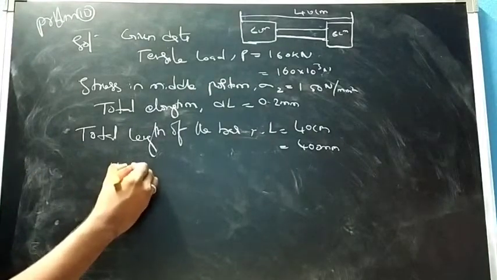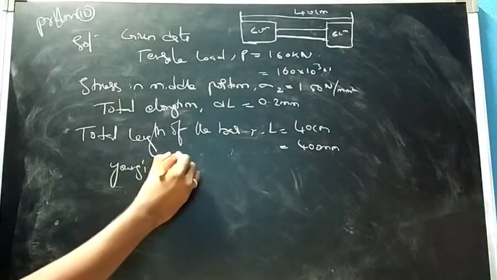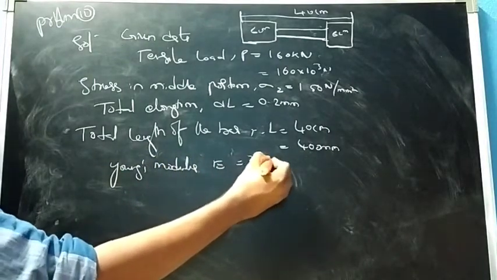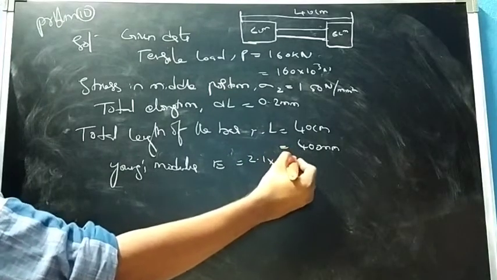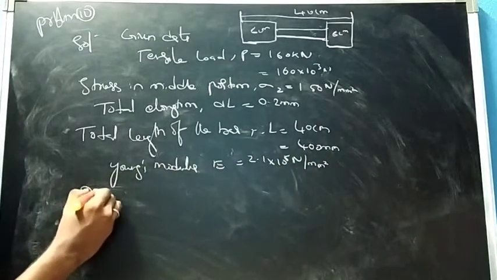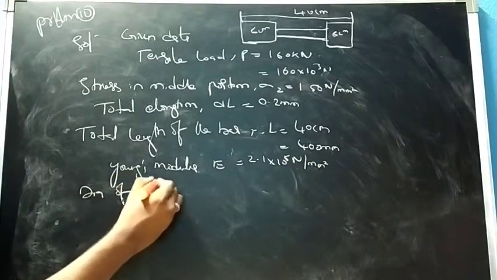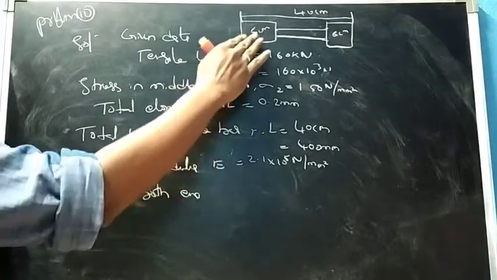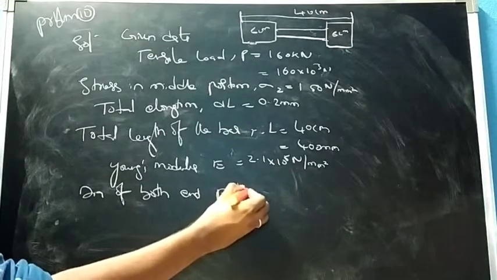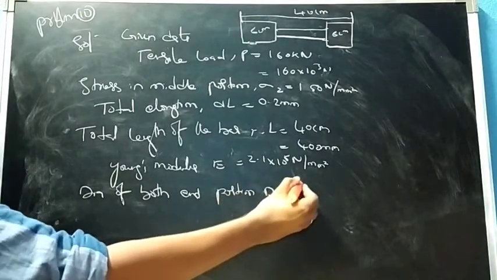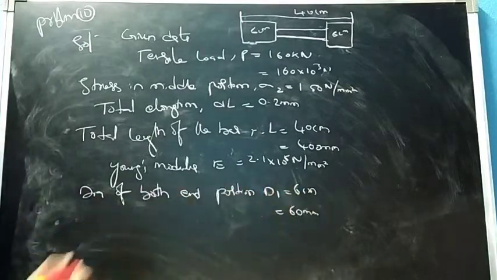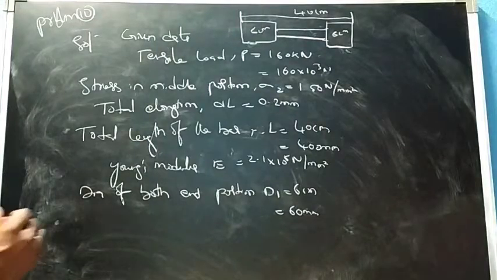And the Young's modulus E is given, that is 2.1 into 10 to the power of 5 Newton per mm square. Dia of both ends, this one and this one, is given, that is end portion D1 is 6 centimeters, that means 60 mm. So now we'll find out the area.